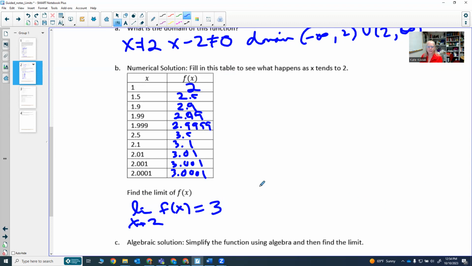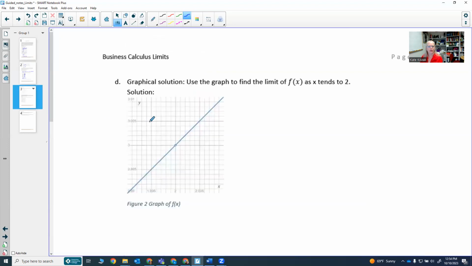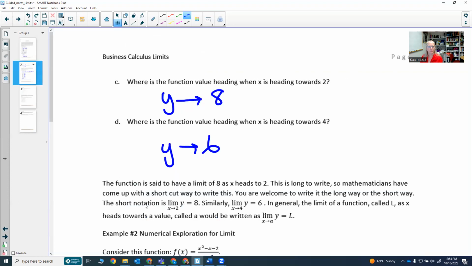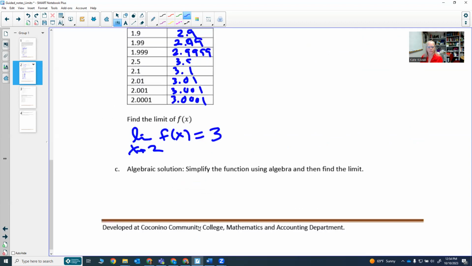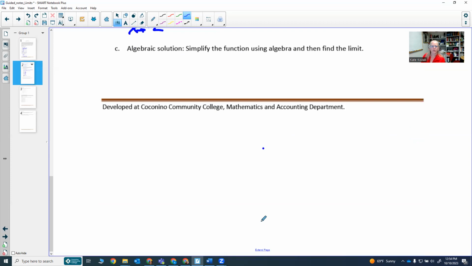Now let's do an algebraic solution. We're going to simplify the function using algebra, and then we're going to find the limit. So f of x is equal to x squared minus x minus 2 all over x minus 2.